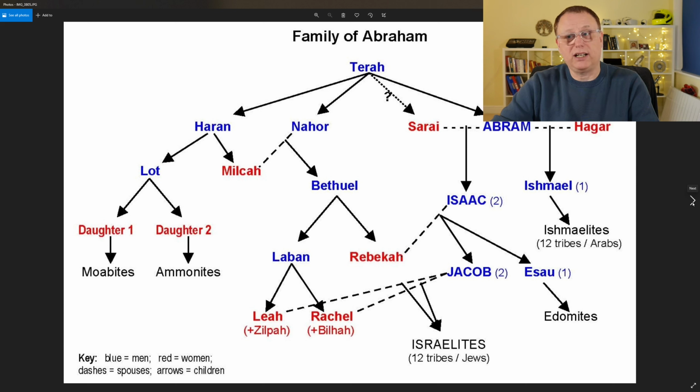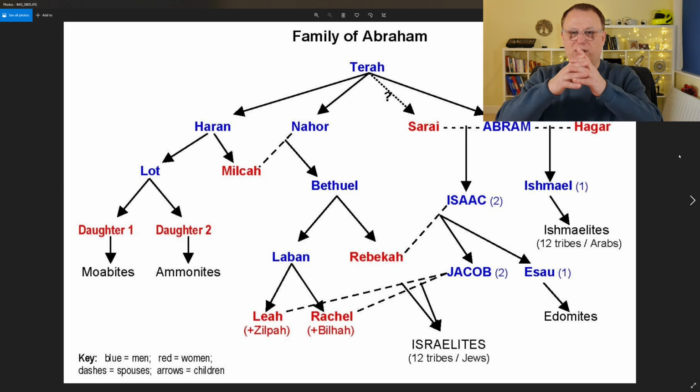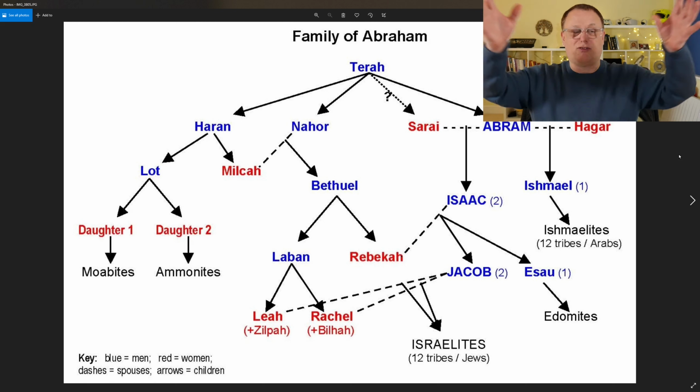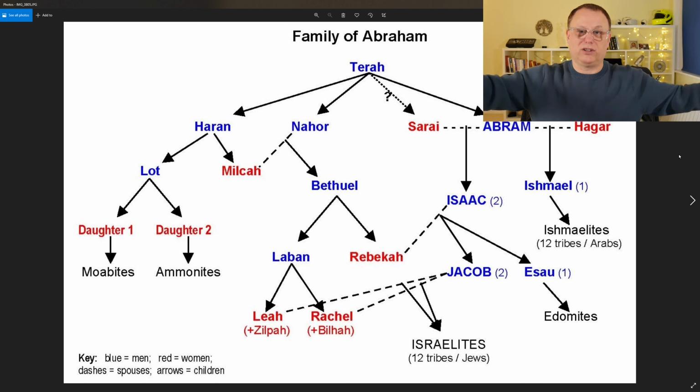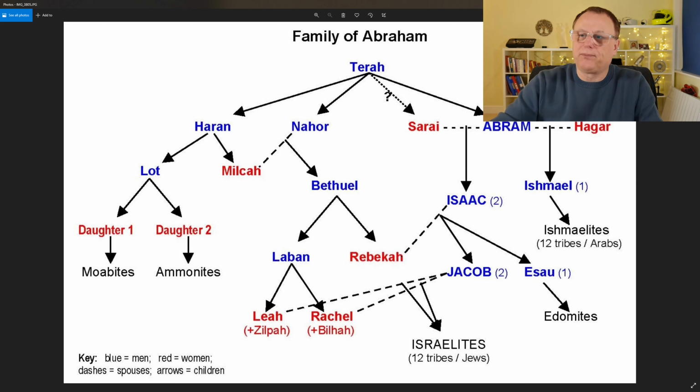We see converging and diverging. Like all your great grandparents, which are 8, and then their children became 4. Your grandparents, their children became 2, and their children became you. And then if you get married and have children, you might have 2 or 3 children, and then you have 5 or 6 or 10 grandchildren and 20 or 30 great grandchildren. Again, the converging and diverging.